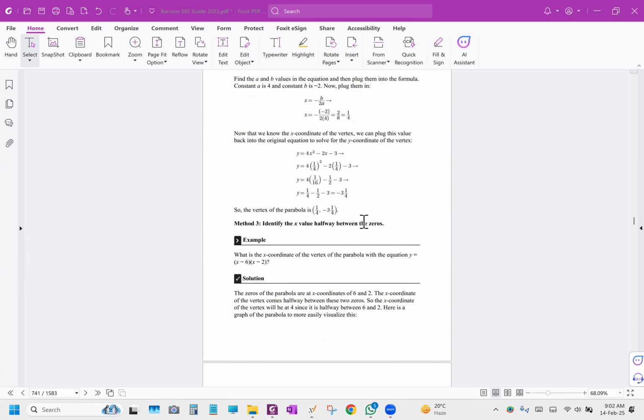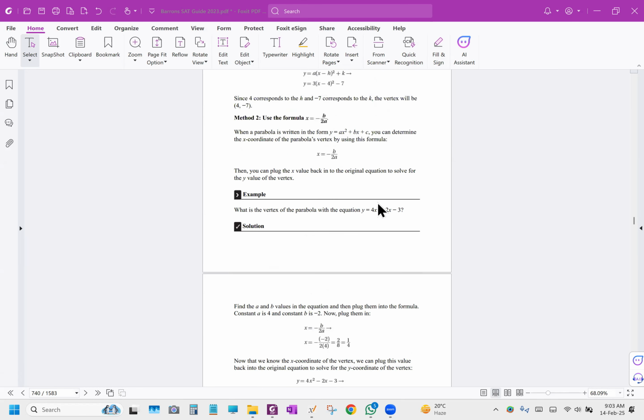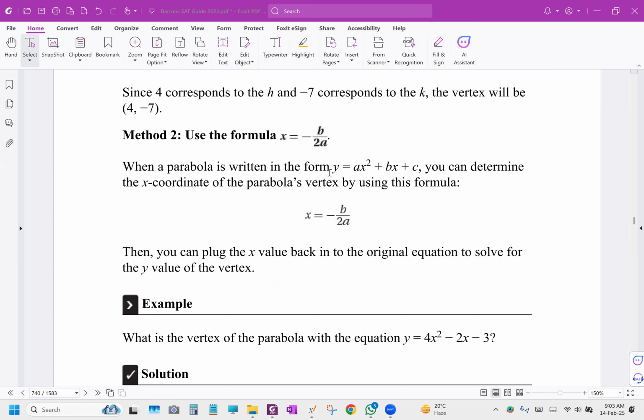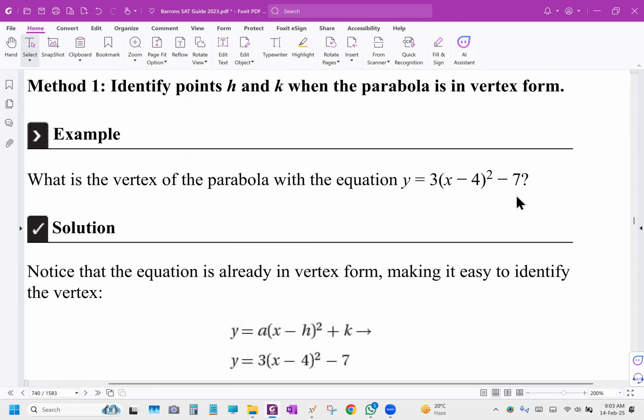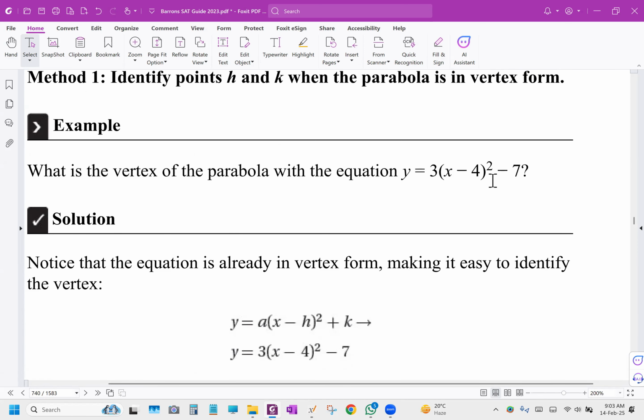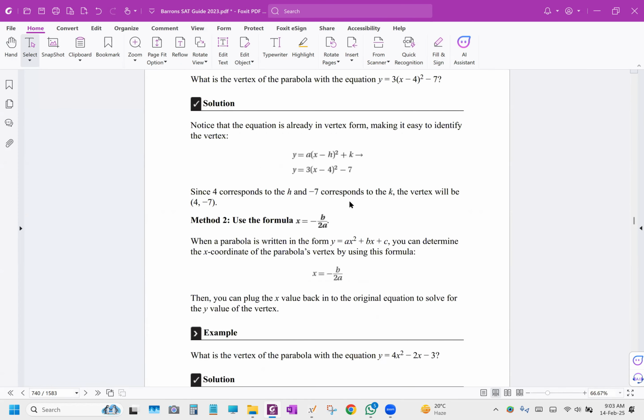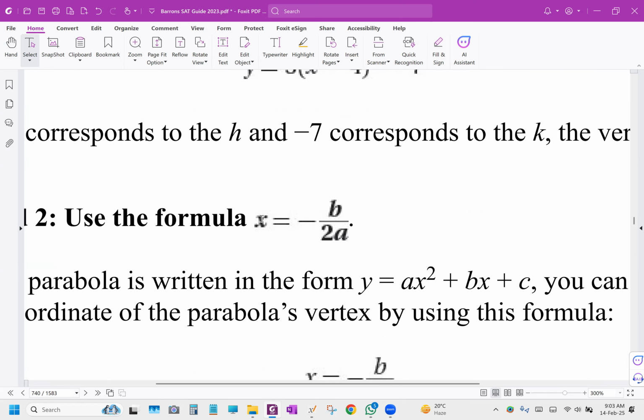The best way to find the vertex of any kind of parabola is using this formula, x equals negative b by 2a. First of all, you need to convert the given equation to this standard form, or if it is given in this vertex form, then you can just compare with the values of h and k, and you can tell the vertex. This formula basically came from calculus, which is finding the maxima and the minima.